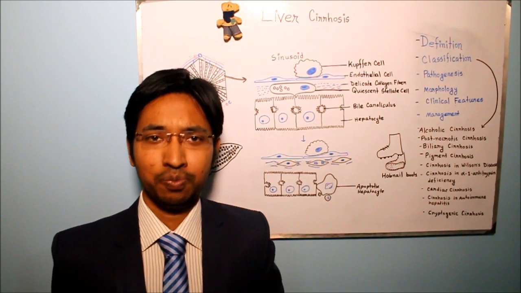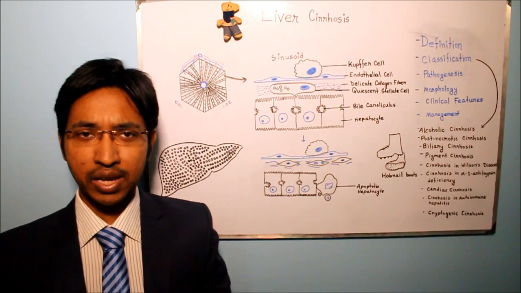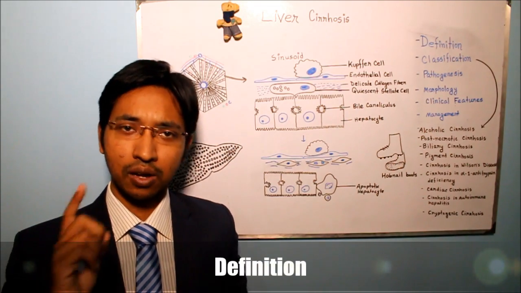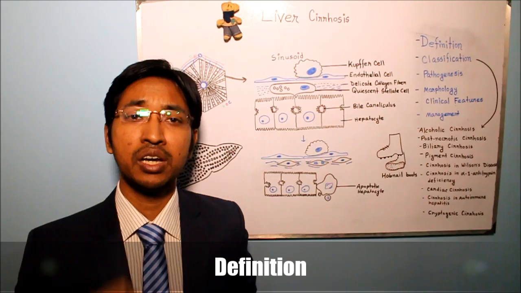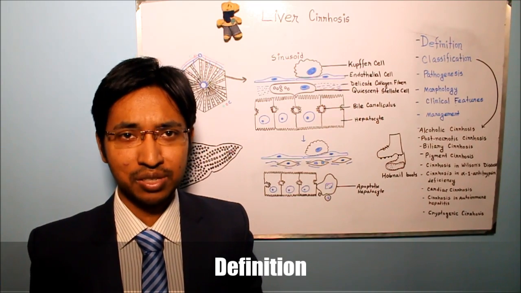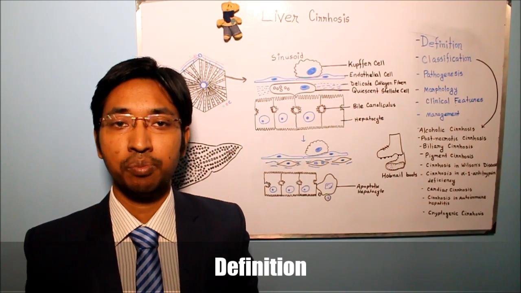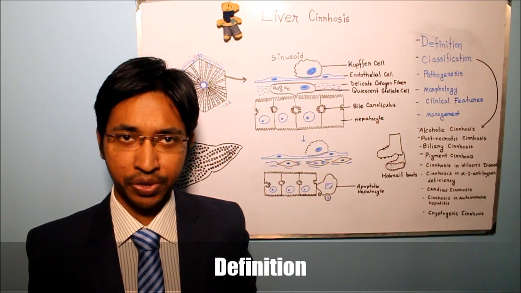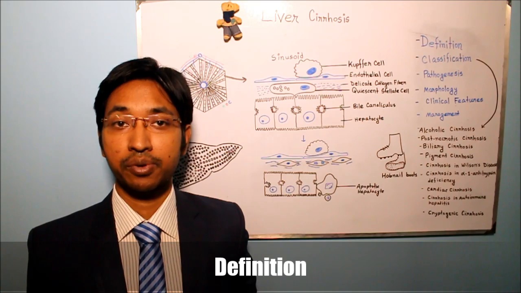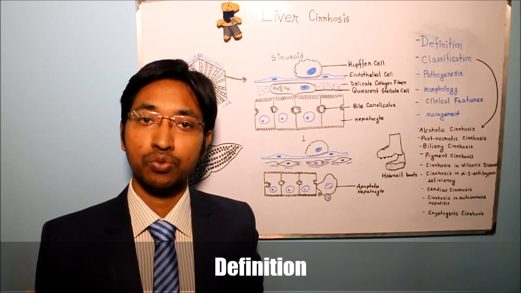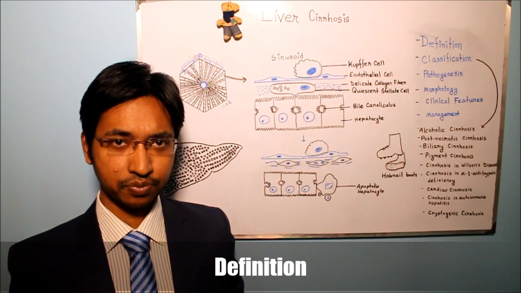Okay, so according to your textbook, liver cirrhosis can be defined as a condition marked by diffuse transformation of the entire liver into regenerative parenchymal nodules, surrounded by fibrous bands and variable degree of vascular shunting.